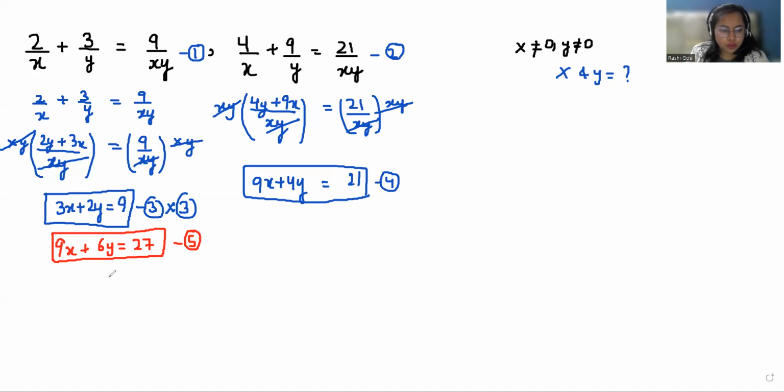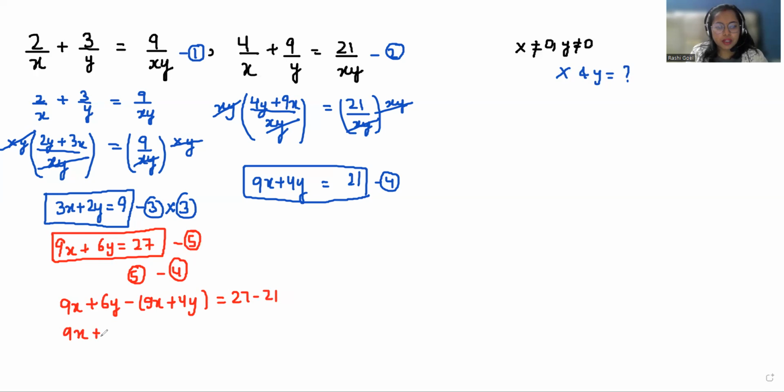Now I am going to subtract equation 4 from equation 5.